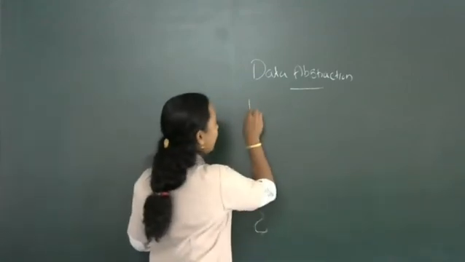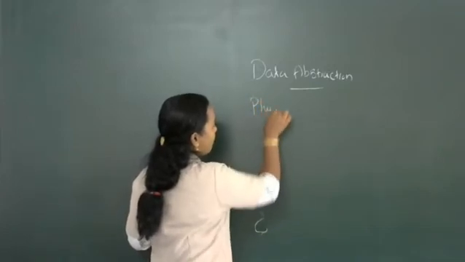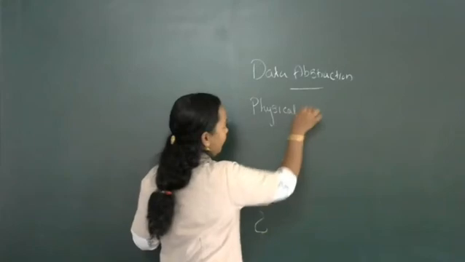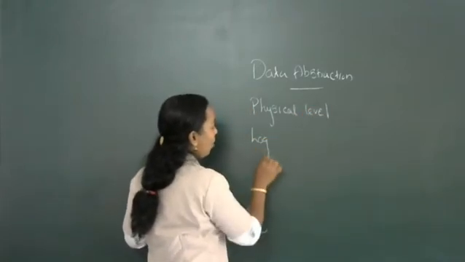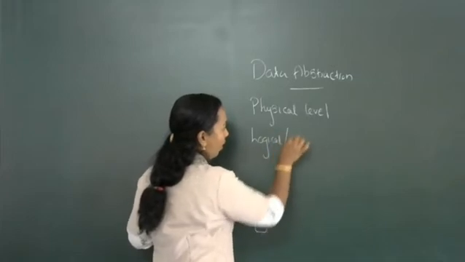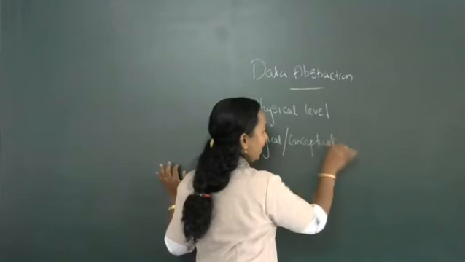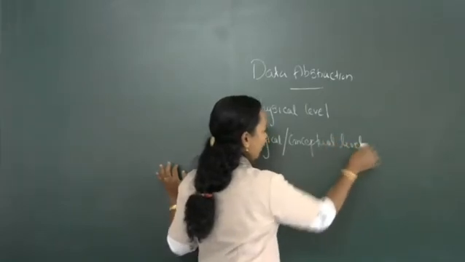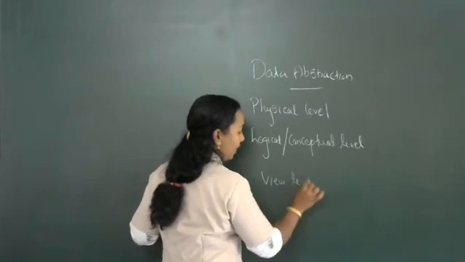First level is physical level. Second level, logical or conceptual level. Then last level is view level.